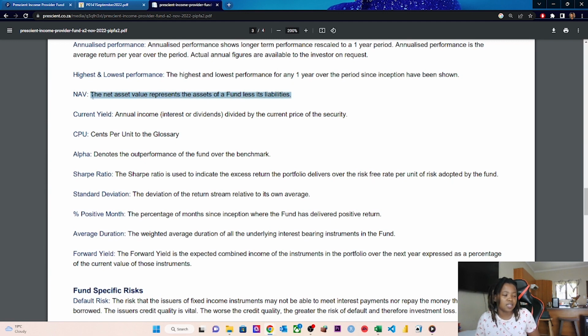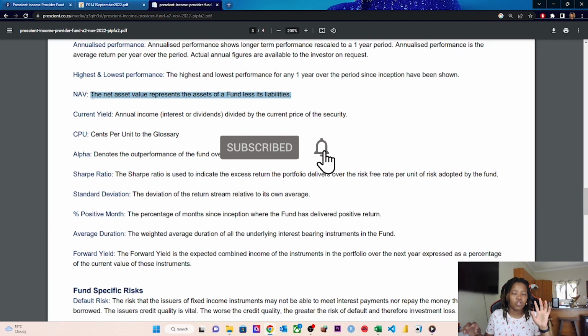So what that basically is, daily, Prescient Fund Services will send PIM, which is Prescient Investments, a weighted average value of the fund based on, if they hold 10 cent and let's say they hold 2 10-cent shares and they hold one MTN bond, what they'll do is they'll price the bond and then they'll price the shares, and then they'll say 2 times the price of 10 cent, 1 times the price of the MTN bond, and then they'll weight that, and then they'll tell you the fund is worth 30 billion today, and then tomorrow it's worth 31 billion.